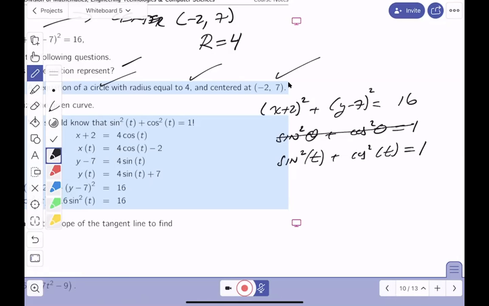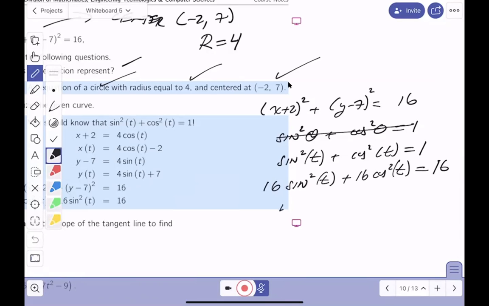All right. Then the problem comes is, I hope you realize you want 16 out of this. So I got to write that down now. So what do I have over here? 16 sine squared t plus 16 cosine squared t is equal to 16, right?